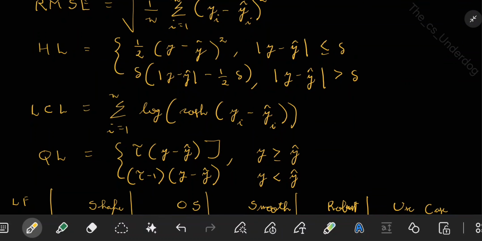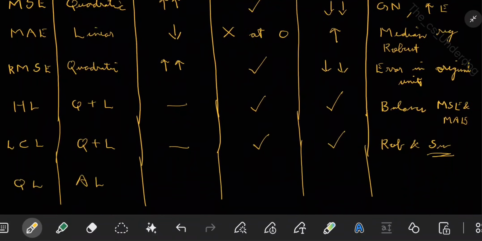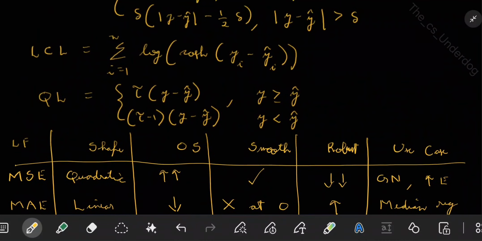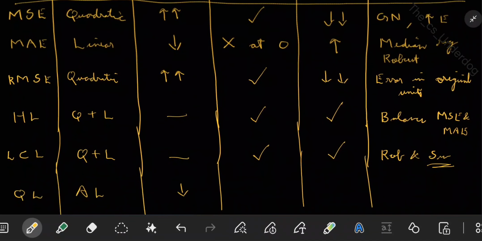You are not having a quadratic term which would magnify outliers. So I'll mark it as low. What about smoothness? Again, because you have this linear term, when you differentiate, at 0 it won't be differentiable. So I'll put not differentiable at 0. At all other places it is differentiable.